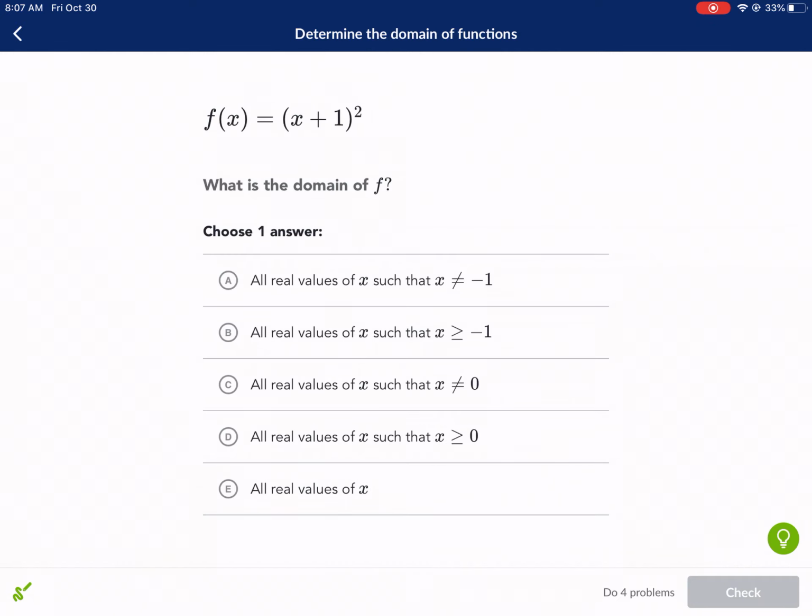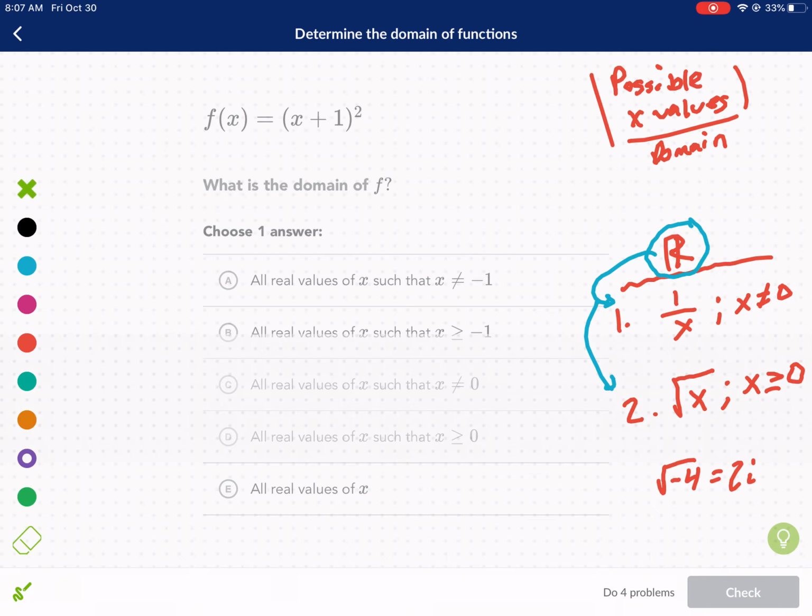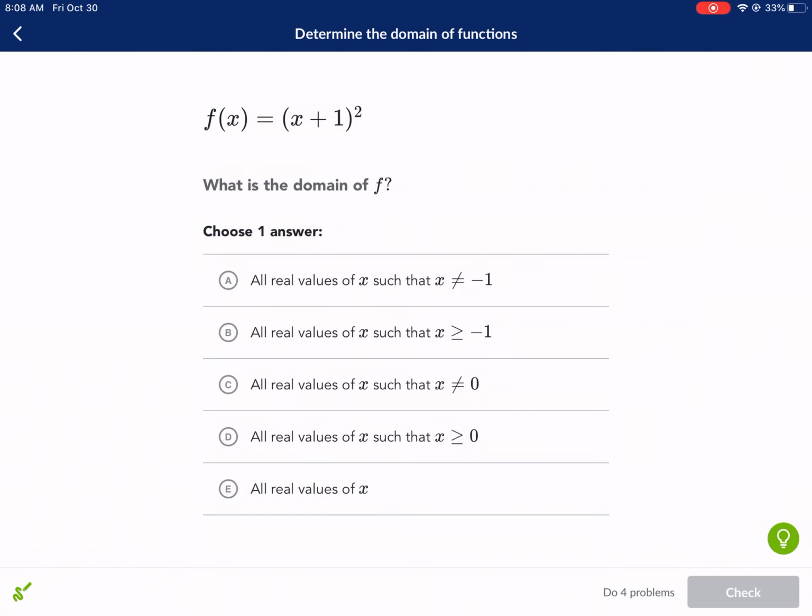Notice how we don't have either one of these for (x plus 1) squared. We don't have a square root, and we don't have 1 over x. We don't have x in the denominator. So this is going to be all real values of x. We're going to assume all real numbers unless those two conditions apply. I know I've been saying that a lot, but I'm just trying to get that through. That's going to be all real numbers for this one.